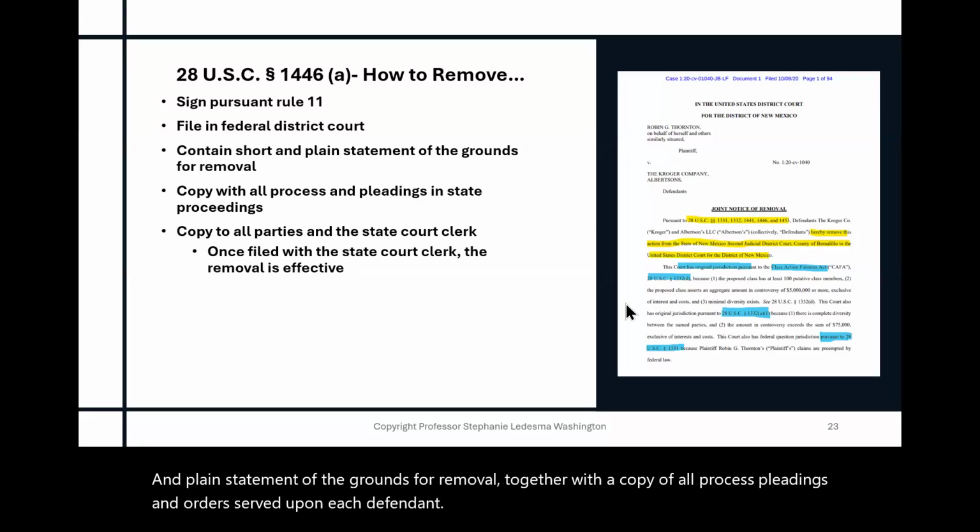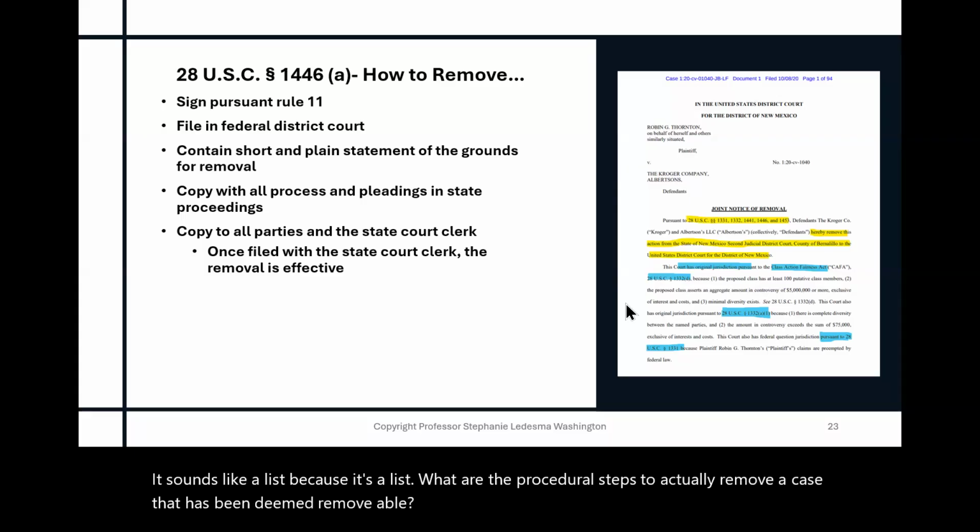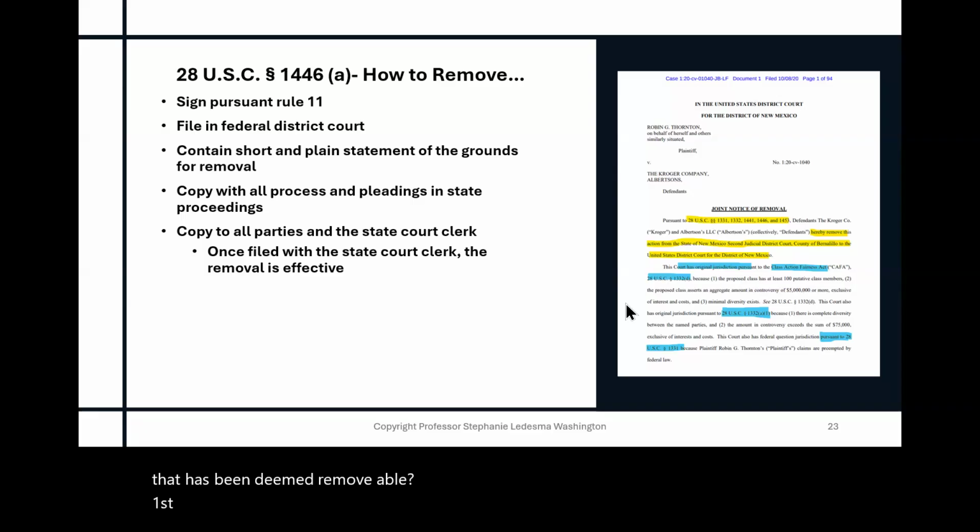It sounds like a list because it's a list. What are the procedural steps to actually remove a case that has been deemed removable? First, the notice of removal must be signed pursuant Rule 11 of the Federal Rules of Civil Procedure.